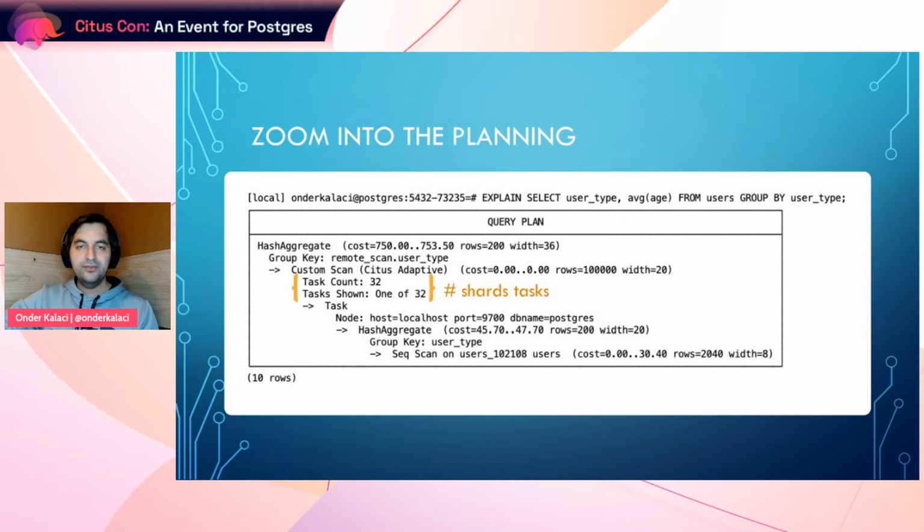For example, if a user runs an aggregate query across all shards, then this query needs to touch all the shards, meaning that it will have a number of tasks equal to the number of shards. But if you are selecting from a distributed table and also adding a distribution key filter to the query, then the planner understands that this query only needs to access the data on one shard, and it only creates a single task.